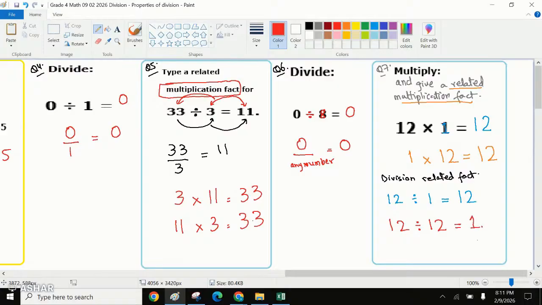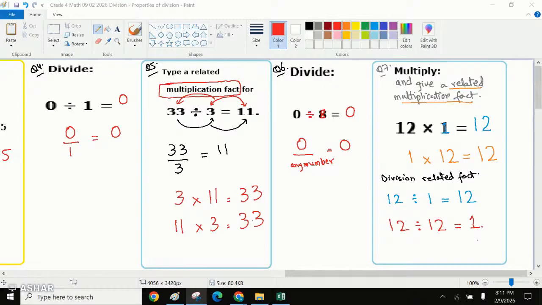Agreed? So depending on the question, what their requirement is, if they want the multiplication facts, we give the multiplication fact. If they want the division related facts, we give the division related facts, okay? Thank you, Edibor. Thank you, Job. Thank you, Nate. Okay, thank you, Matthew. Moving ahead with the next question.